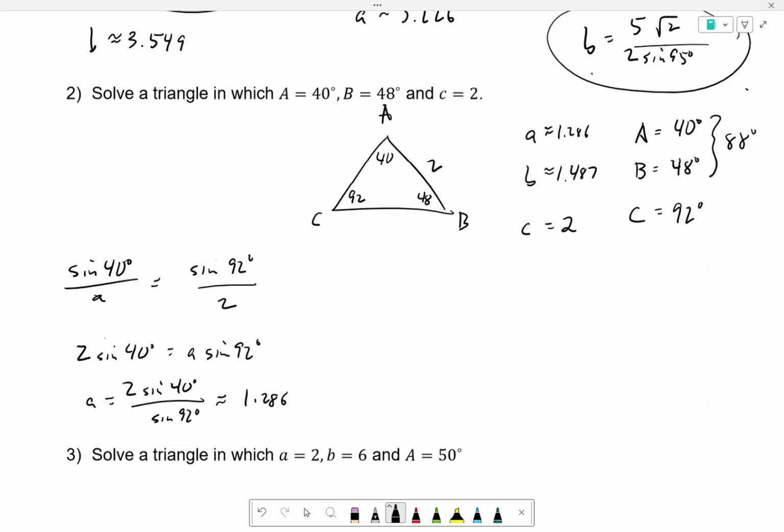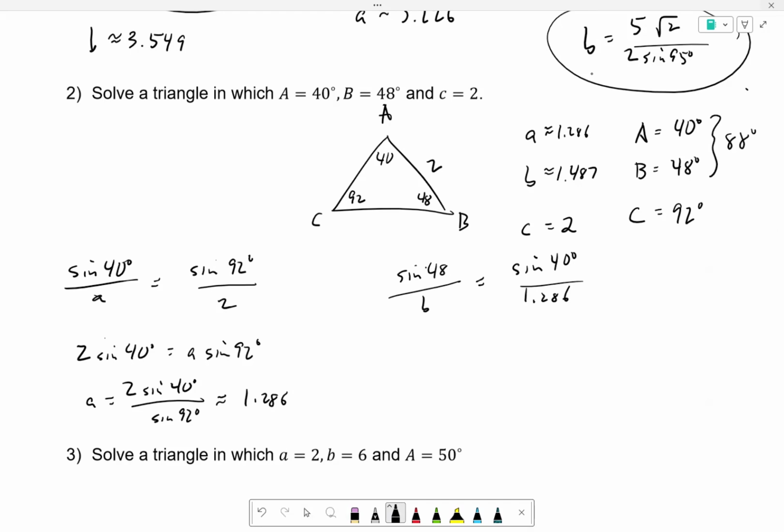One thing that some people are tempted to do, when looking for that last one, B, maybe sine of 48 over B, is to use sine of 40 degrees over 1.286. Terrible.